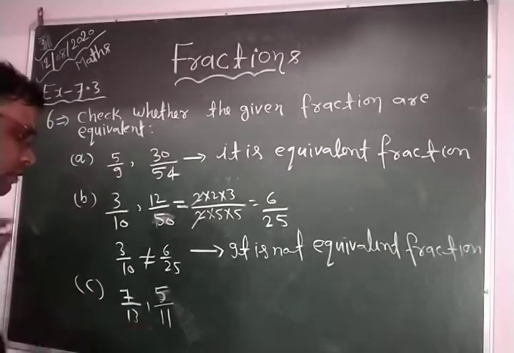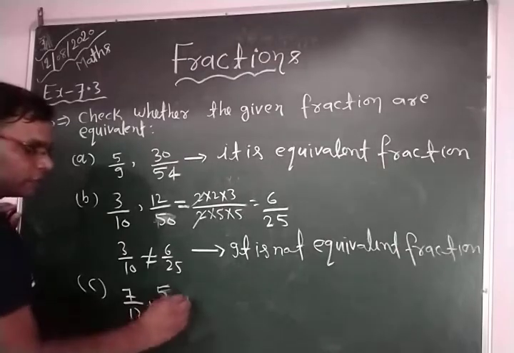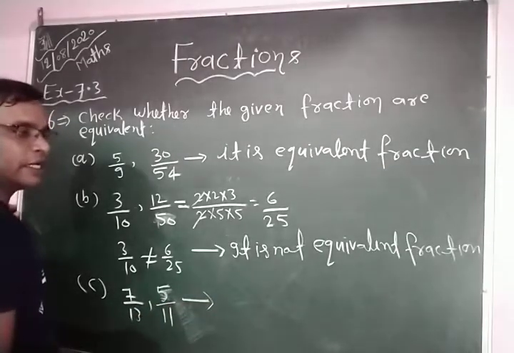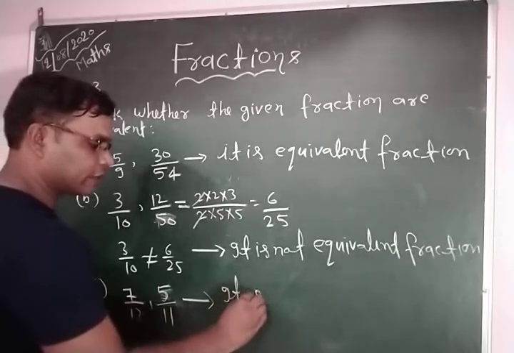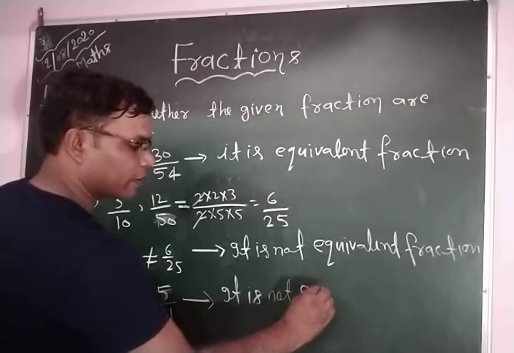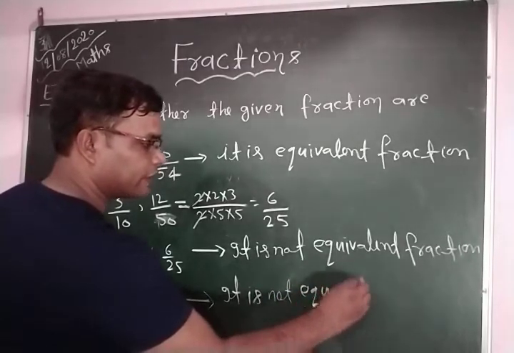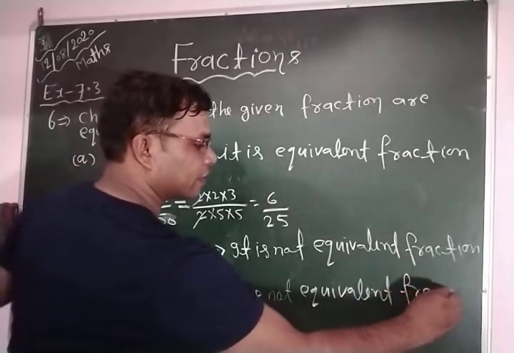This is 7 by 13, this is 5 by 11. So this represents that it is not equivalent fraction.